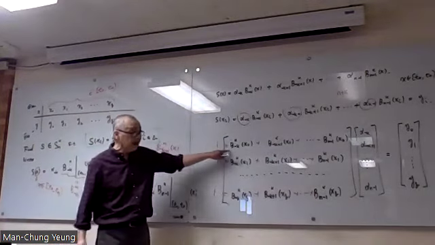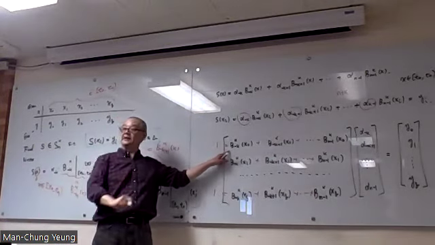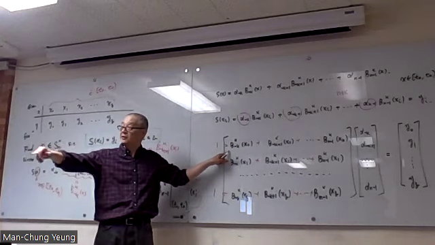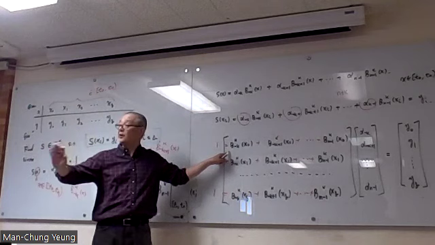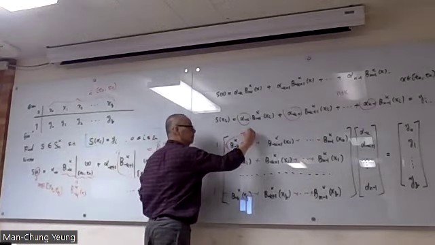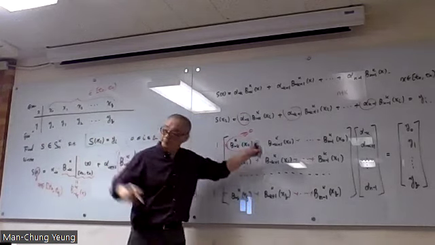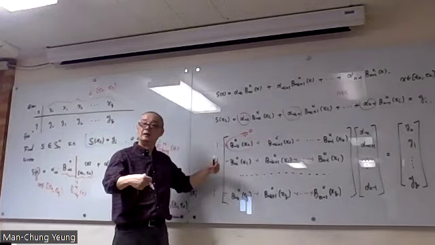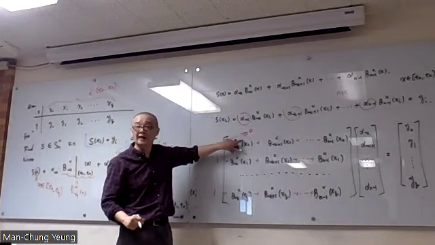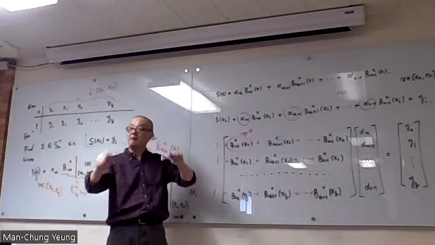And also each entry is non-negative. Basis spline functions are always greater than or equal to 0. And the summation is always 1. That means each entry is always between 0 and 1.